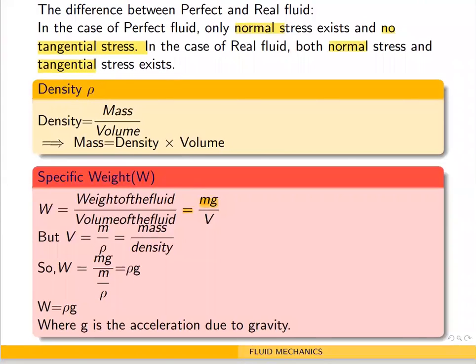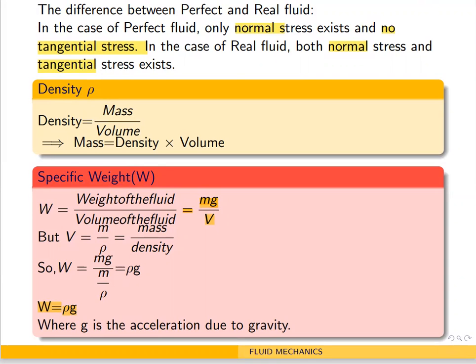Weight of the fluid is nothing but mg, by volume, let us take it as capital V. And we know that capital V is nothing but mass by density. So substituting, we get the specific weight is nothing but rho into g, where rho is density and g is acceleration due to gravity.